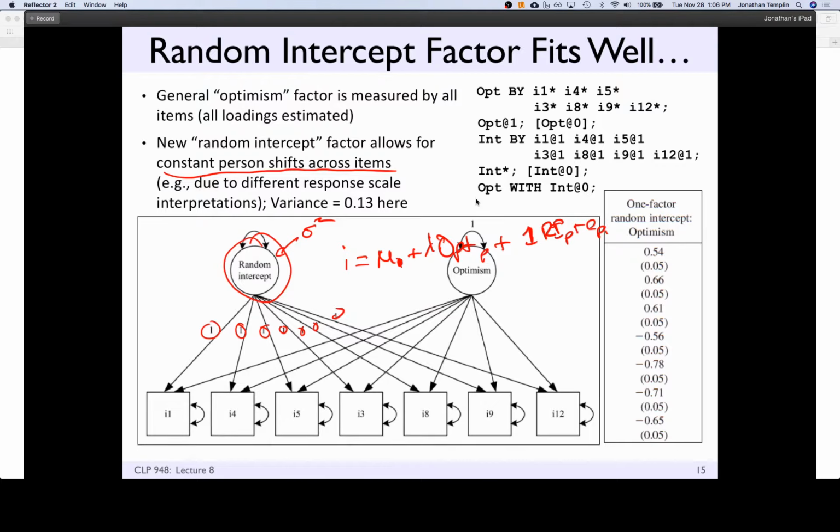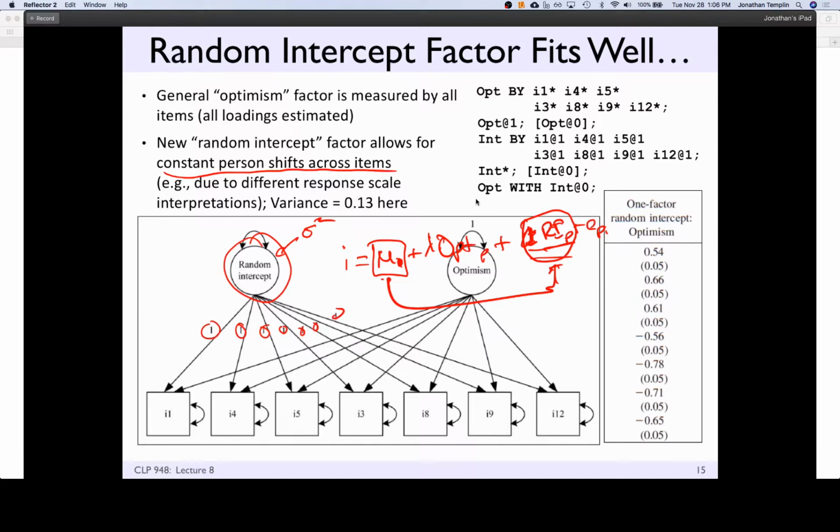So when there's just a 1 here, the factor score itself, the latent variable, becomes its value gets entered into the model equation almost like a constant. And so that person's intercept effectively shifts by the value of that factor itself, right? And so for every item, because this is a constant, for each person, each item's intercept is shifting up or down based on it, right? So that is what we're getting from it.